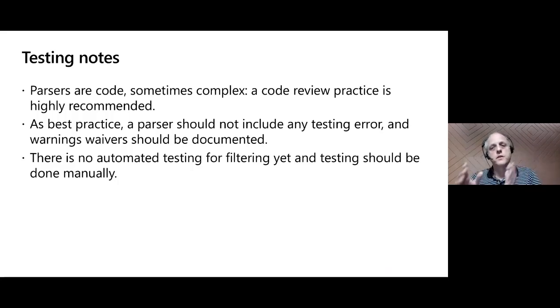Run the parser with a filter, see that only the right part of the results are returned. We have a plan to write a testing tool for filters as well. We didn't get to it. Again, if you want to, it's actually an interesting programming experience with KQL or with Python and APIs if you want.